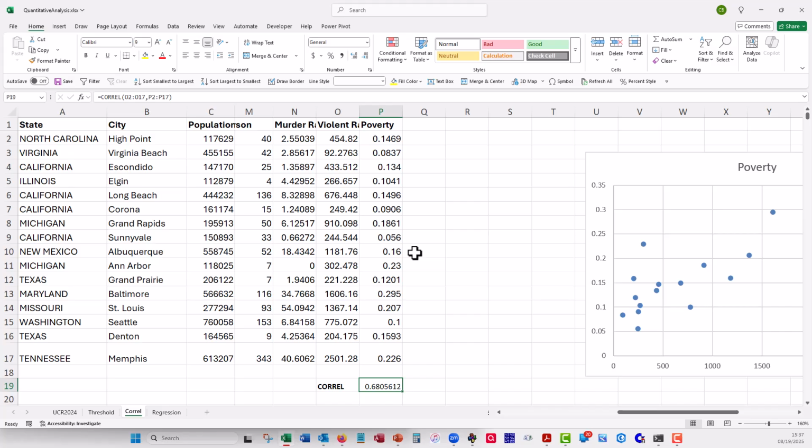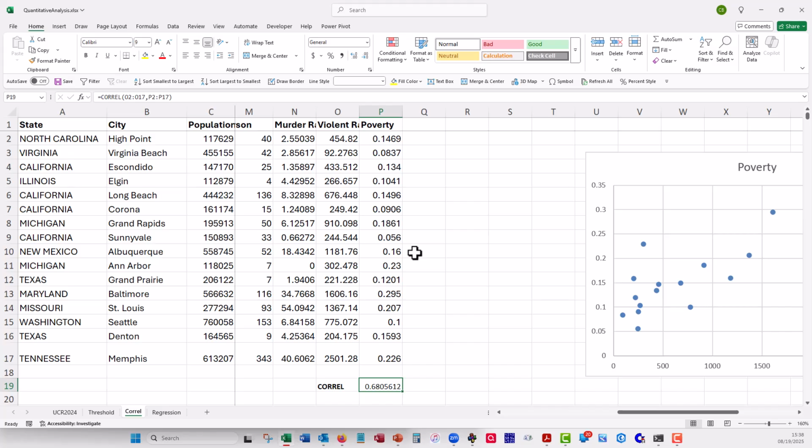Obviously, if we actually got that in real life, we would have to be suspicious of the data set, right? Because nothing is ever quite that perfect. There's always a little bit of variance. A -1 correlation would mean that it's perfectly predictable, but in a different direction. In this case, it would mean that the more poverty, the lower the violent crime.